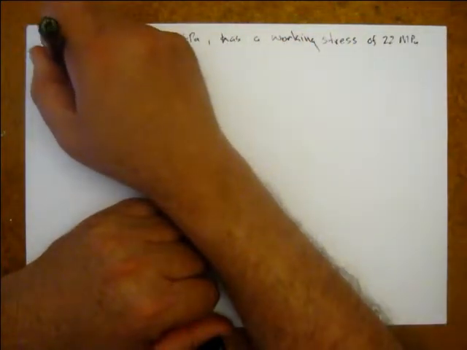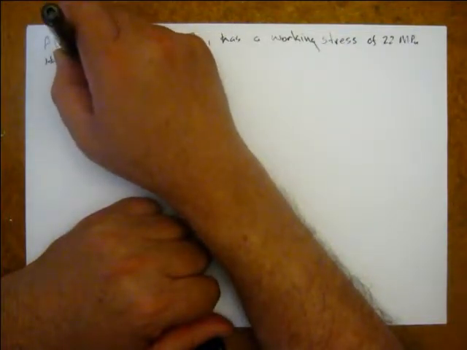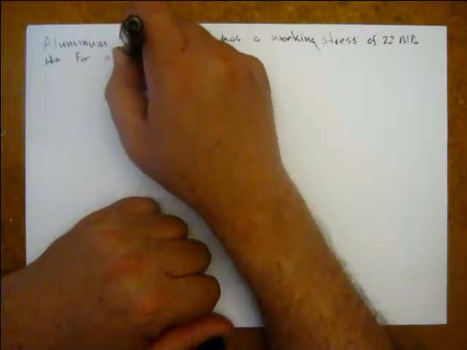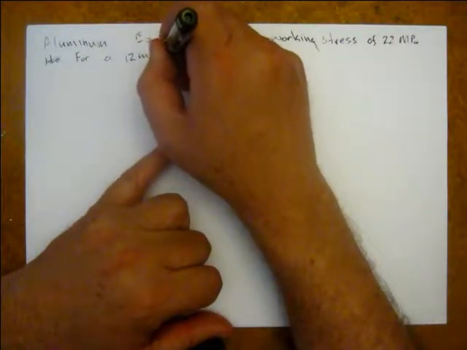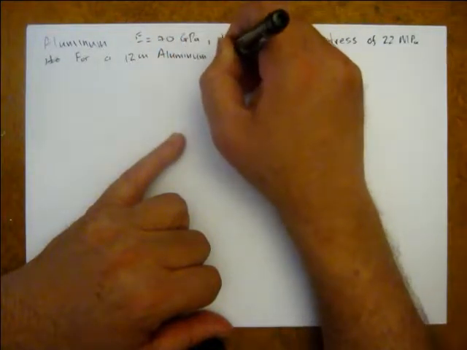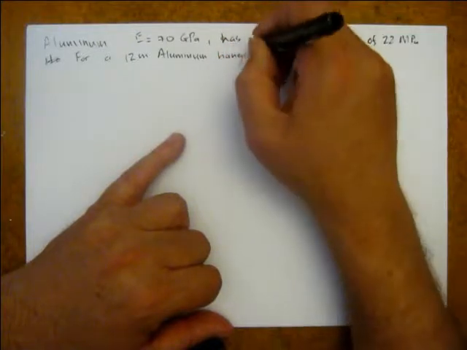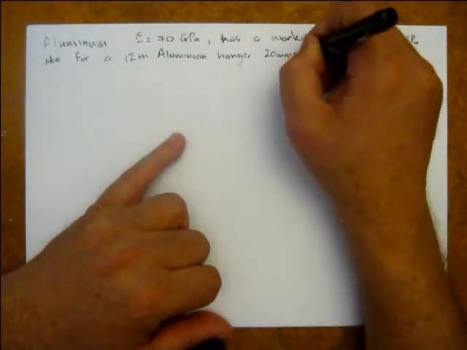So a 12 meter aluminium bar, aluminium hanger, 20 millimeters by 40 millimeters.